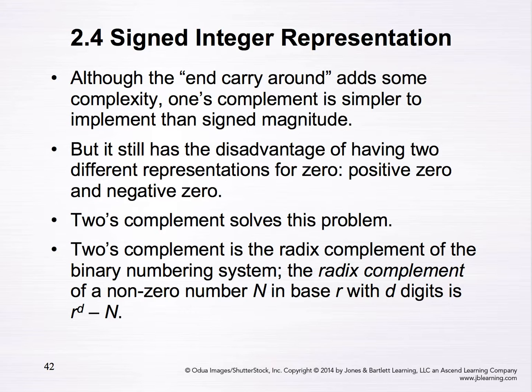So in order to overcome this disadvantage, we have the two's complement representation. Basically, two's complement is the radix complement of the binary numbering system, and the radix complement of a non-zero number n in base r with d digits is represented by r^d - n. We will show later on how to represent a number in two's complement representation.